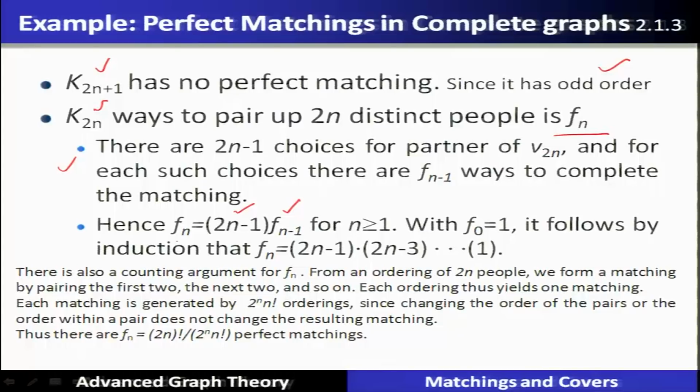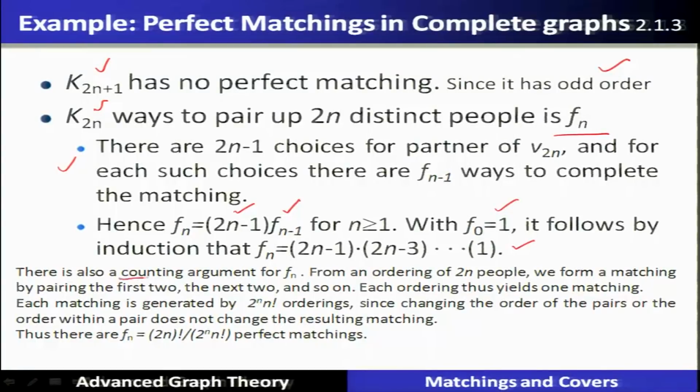Knowing that f 0 is equal to 1, if we carry out this induction to resolve the recurrence, it comes out to be 2n minus 1 times 2n minus 3 and so on up to 1.